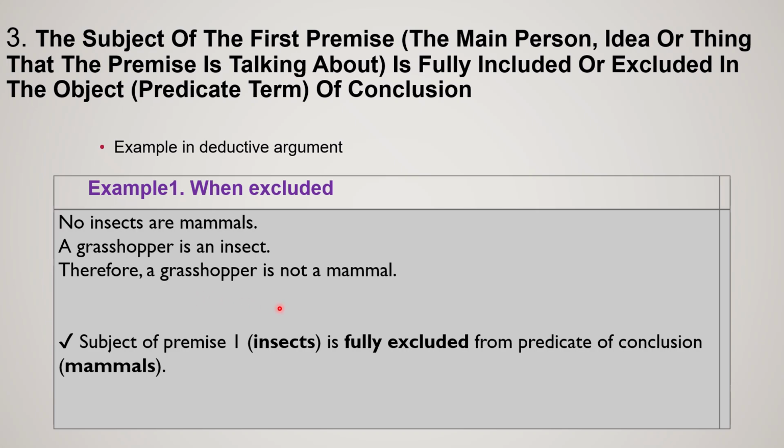You are going to realize that the insect, which is the subject of the first premise, is fully excluded from the predicate of the conclusion, and the word mammal has replaced the predicate of the conclusion. This is another feature whereby the main argument or the main idea or the main person being argued about is either included or excluded in the predicate term of the conclusion.